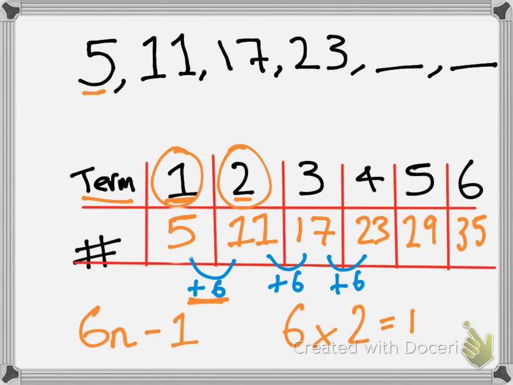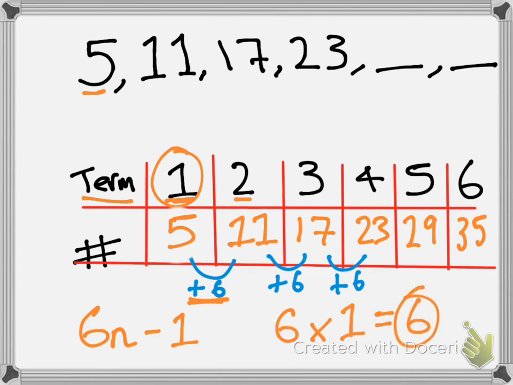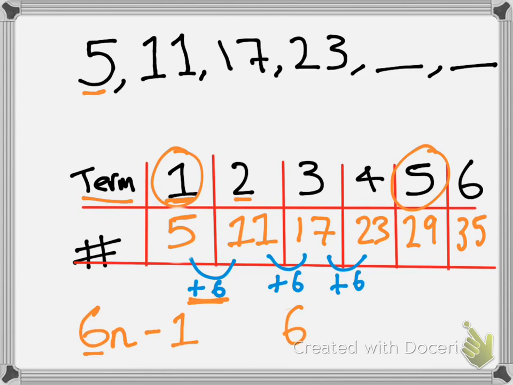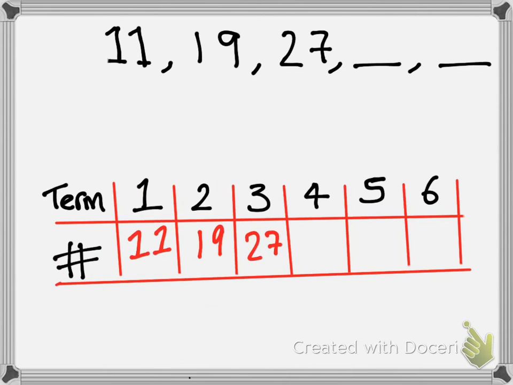Let's try term number 5 now. 6 multiplied by the number, which this time is 5, gives me 30. And if I take away 1, I get 29. So this term works.